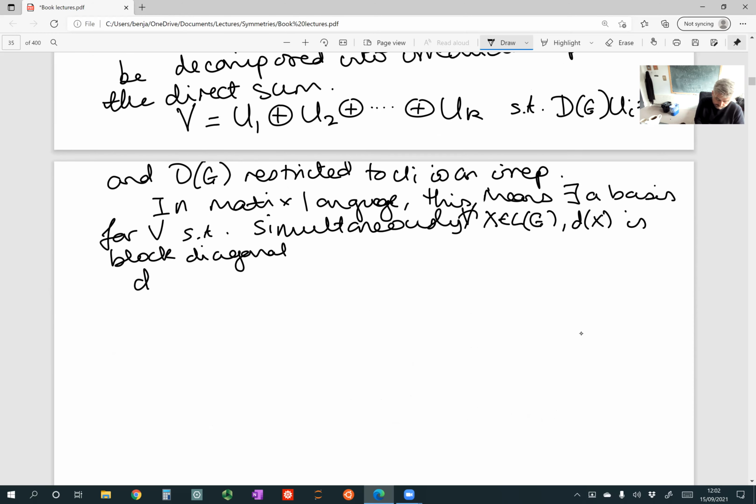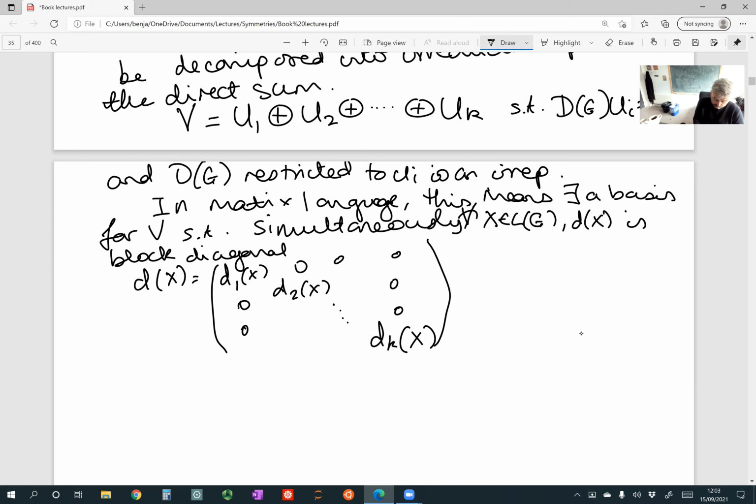So D(X) is D_1(X), D_2(X), and so on. And that's just from the definition of the direct sum, really. And there are zeros everywhere else. So the matrices have got zeros here. So this we're going to define as the direct sum from i equals 1 to k of D_i(X).